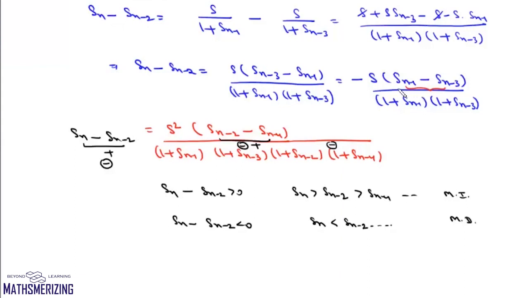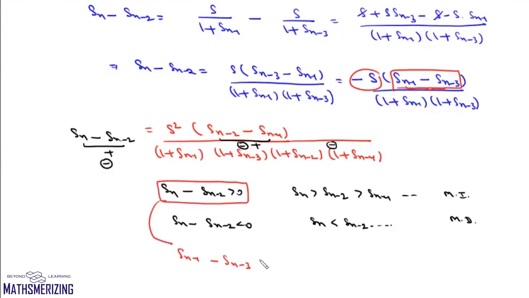Now, if we look at the sequence of other terms, which is S_{n-1} and S_{n-3}, there is this minus sign. So that means this S_{n-1} minus S_{n-3} will be negative when S_n minus S_{n-2} is positive. So in that case, it will be negative. That means S_{n-1} will be less than S_{n-3}. In that case, the sequence will be monotonic decreasing.